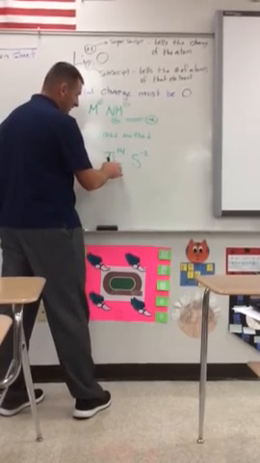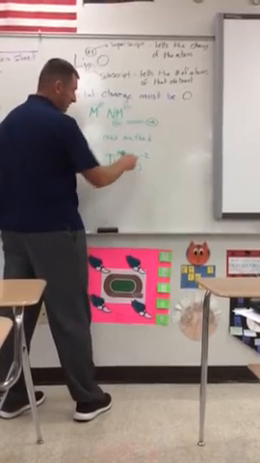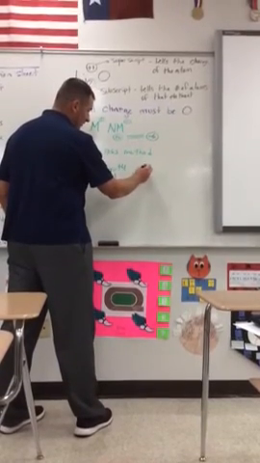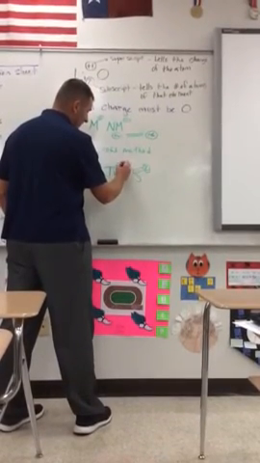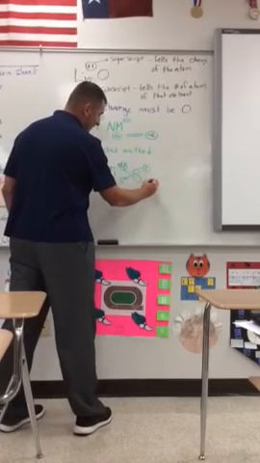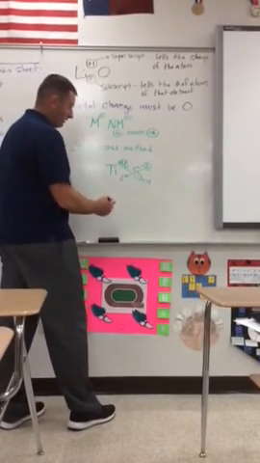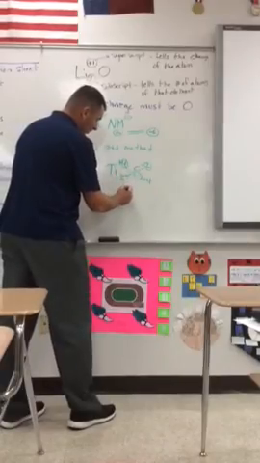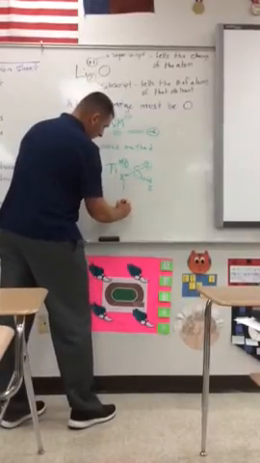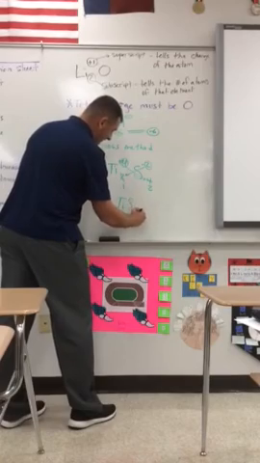You just take the number, not the charge. So just the 2 and put it there. Just the 4 and put it there. Now, can I reduce 2 and 4? Yes, to what? 1 and 2. So it's going to be TiS2.